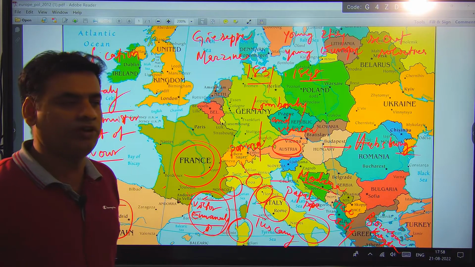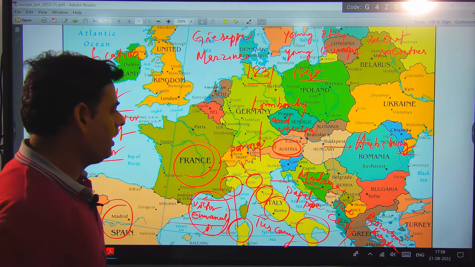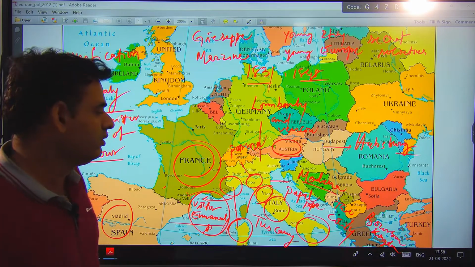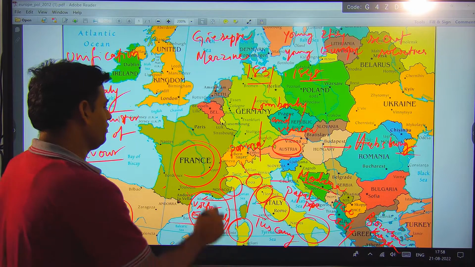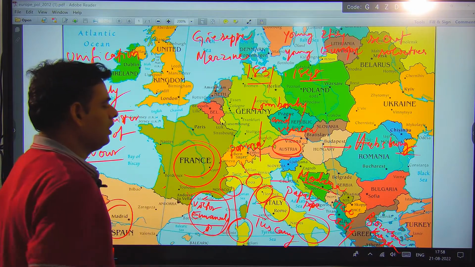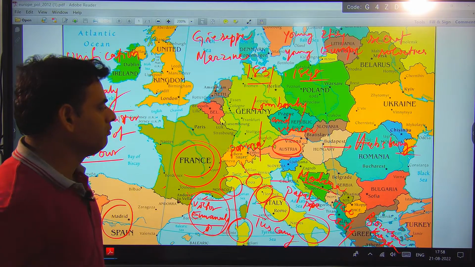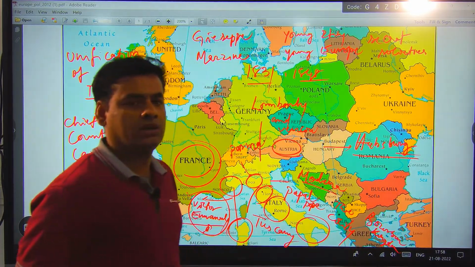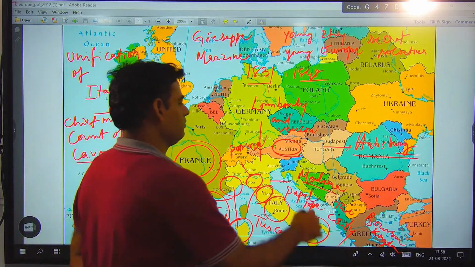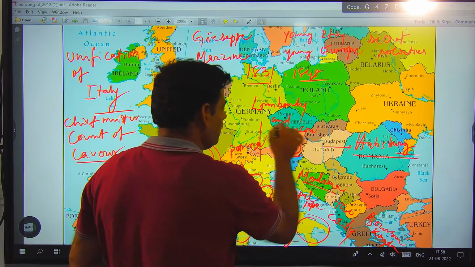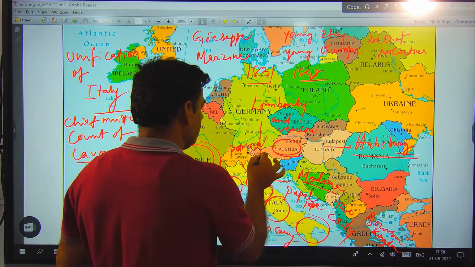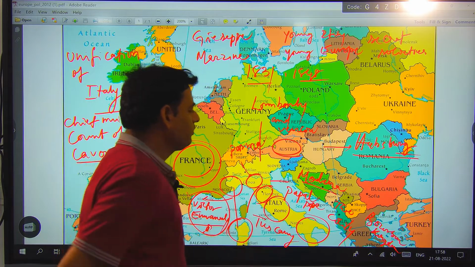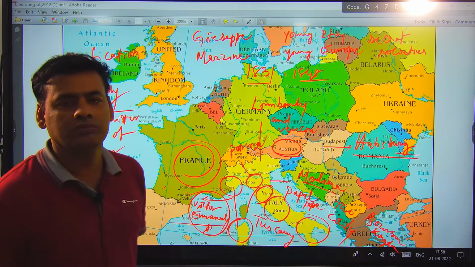him from unifying Italy. As he was a very shrewd politician, he started negotiations with France and got associated with them to defeat the Habsburg Empire. That is the Austrian kingdom. It was ruling Venice and Lombardy.